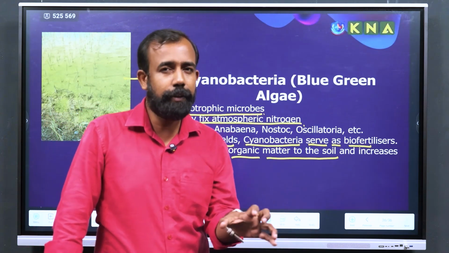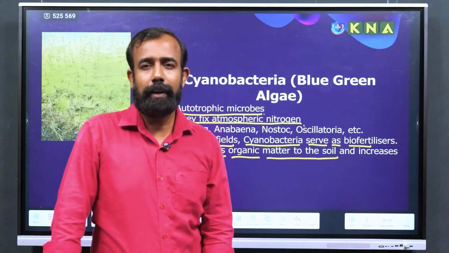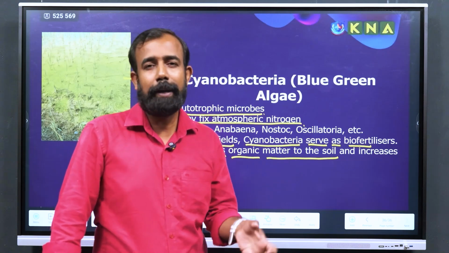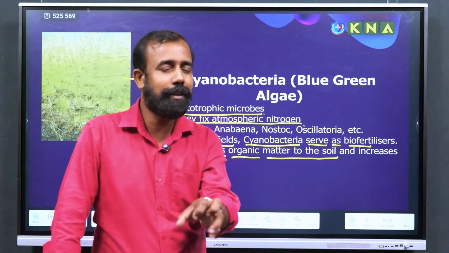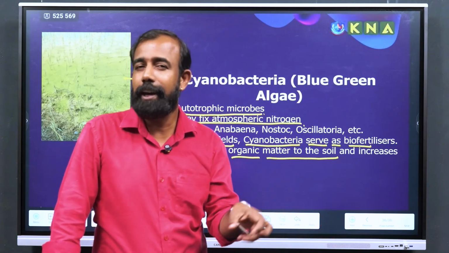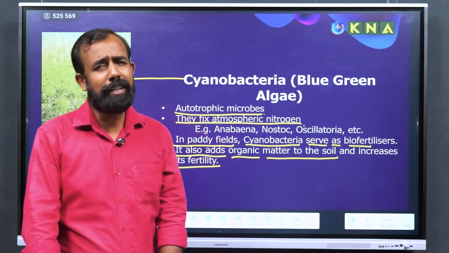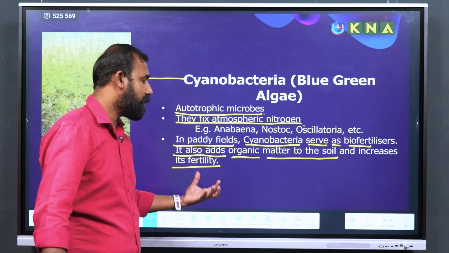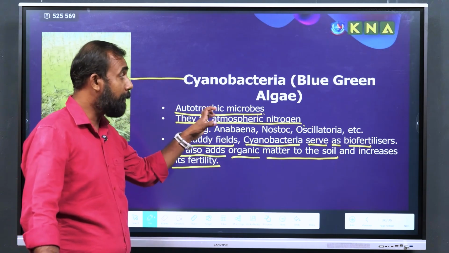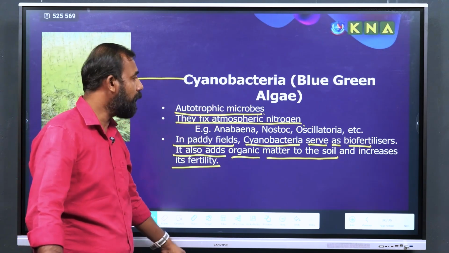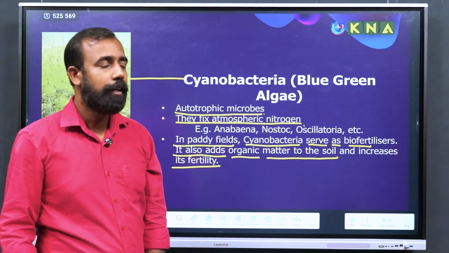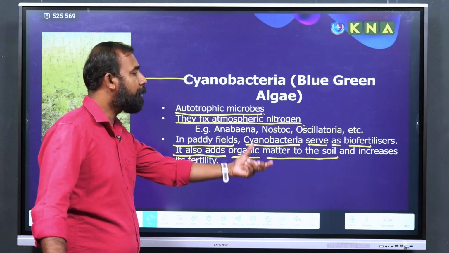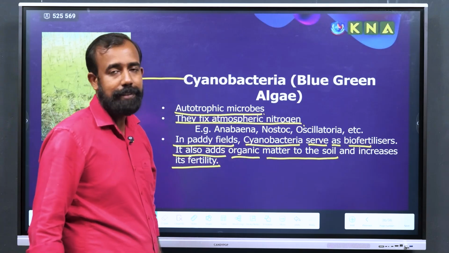The fungus gets food from the plant, and in return absorbs phosphorus and passes it to plants, provides resistance against salinity and drought, and increases overall development of plants. And cyanobacteria, also called blue-green algae, can also fix atmospheric nitrogen. In paddy fields, cyanobacteria serve as biofertilizers.